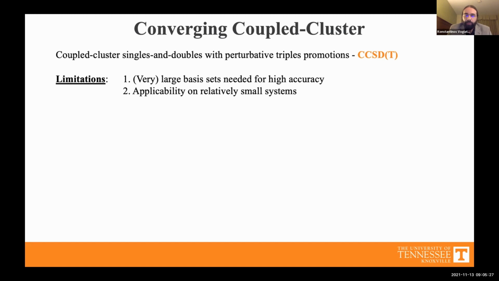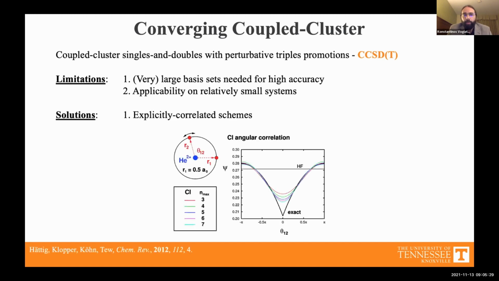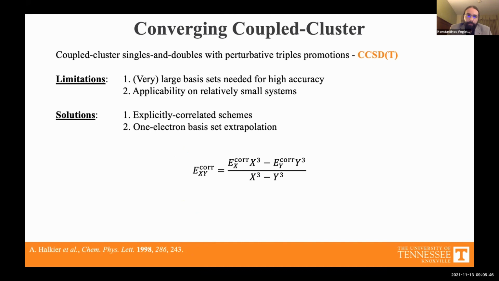And in order to surpass these limitations, what we have done in the past, not me, but the community, is to introduce explicitly correlated schemes where we introduce terms that depend explicitly on the interelectronic distance of two electrons, the r12. These are the F12 family of methods. Or we introduce basis set extrapolations, with the most famous perhaps being the Helgaker two-point scheme.